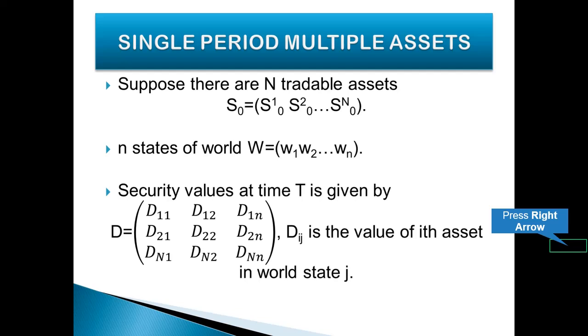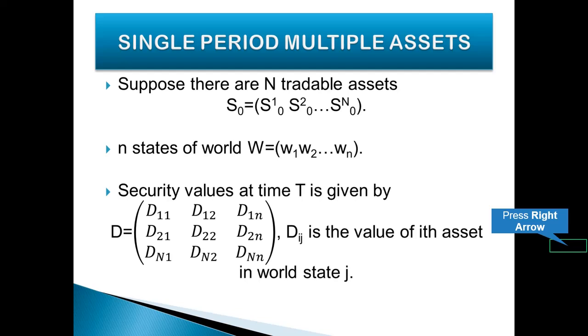Now after a while, there are two possibilities, like last time, either H or T. Now suppose there are small n number of possibilities, so we say n states of the world. These are the n uncertainties, denoted by w1, w2, up to w small n. Just consider S10. If the state of the world is w1, suppose the value is denoted by D11.